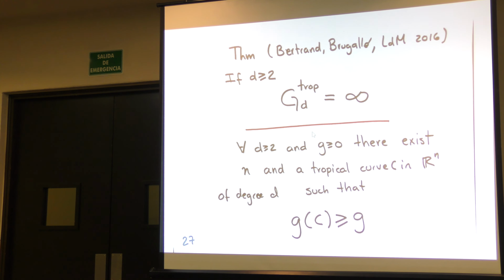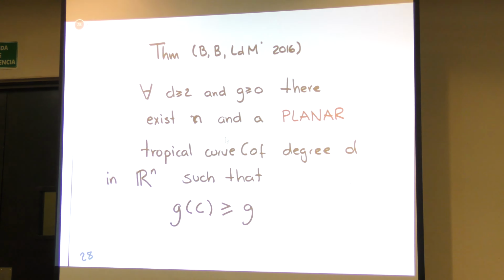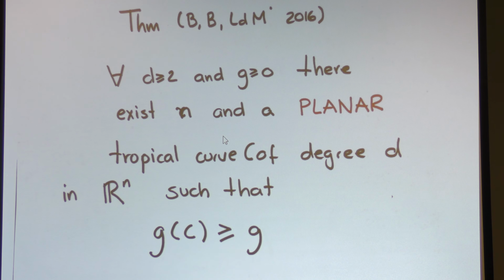Then, if I don't care about the dimension, I can construct a tropical cubic with genus as big as I want. Moreover, the curve that we construct is always planar. That means that it's contained in a tropical two-dimensional plane.